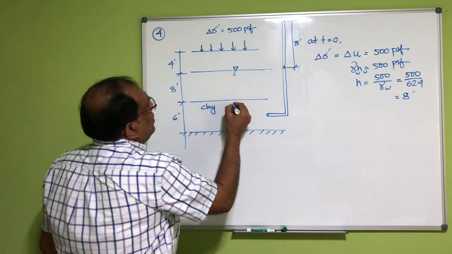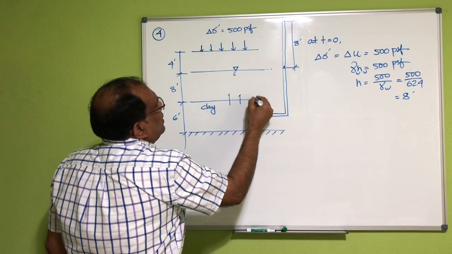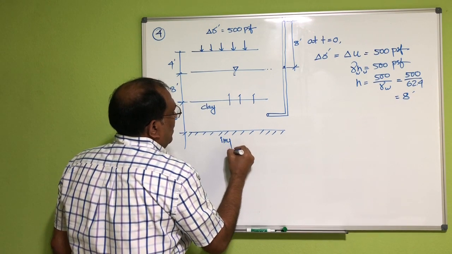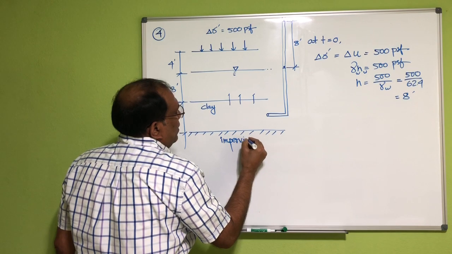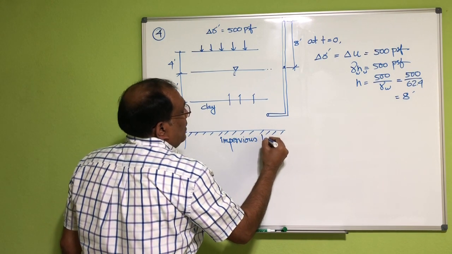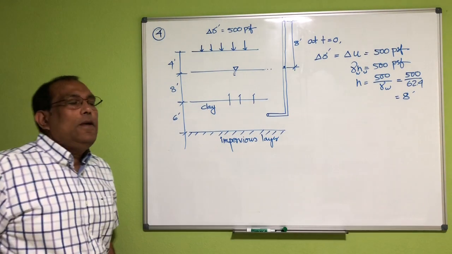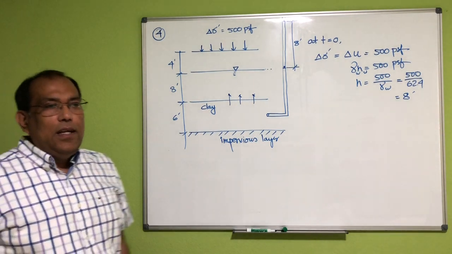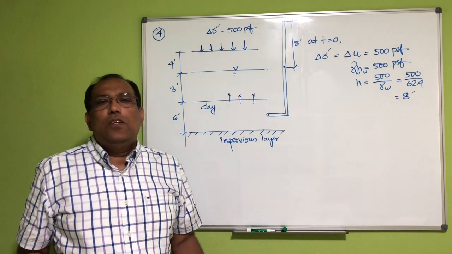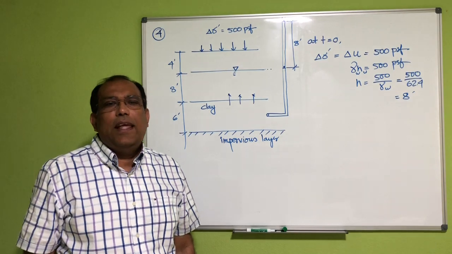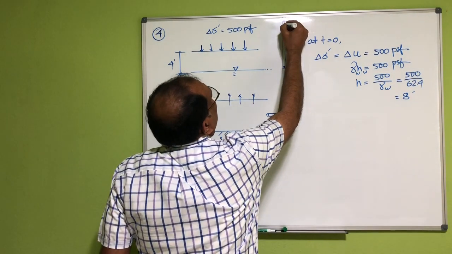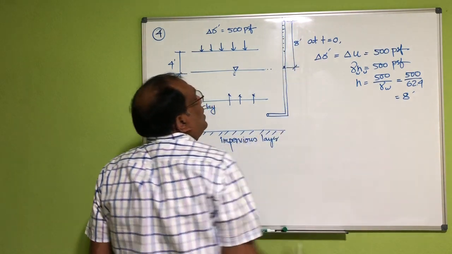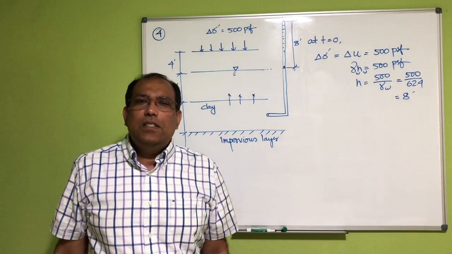Then basically the soil will try to drain this way because it cannot go here because this is impervious soil. So all the water will try to go this way here, and as soon as the water starts moving, the soil will try to consolidate, meaning this excess water pressure will move slowly from here all the way here when your excess pore water pressure is 0.